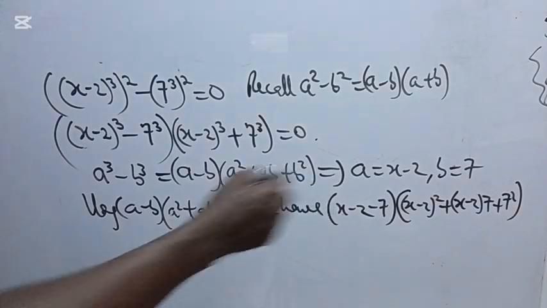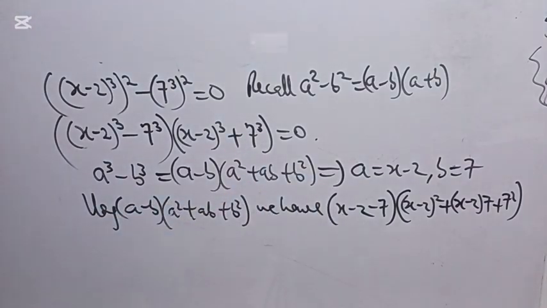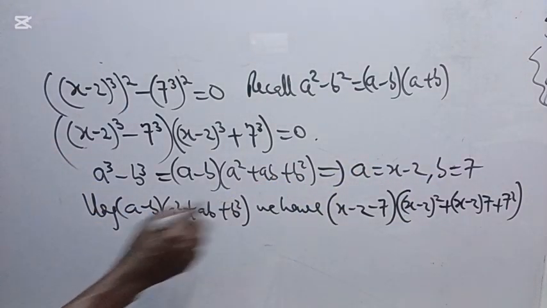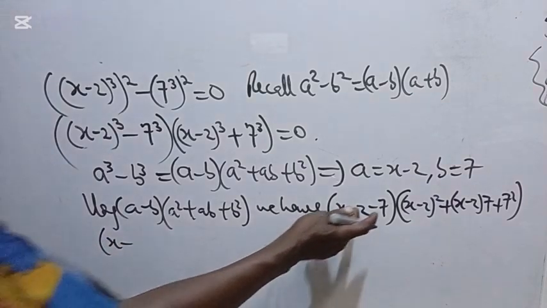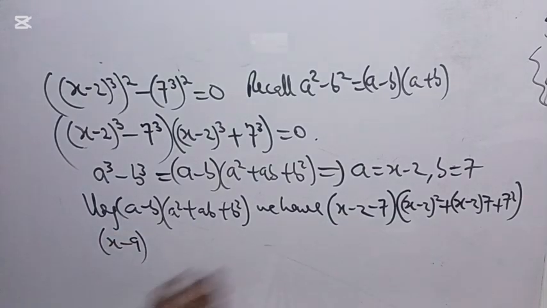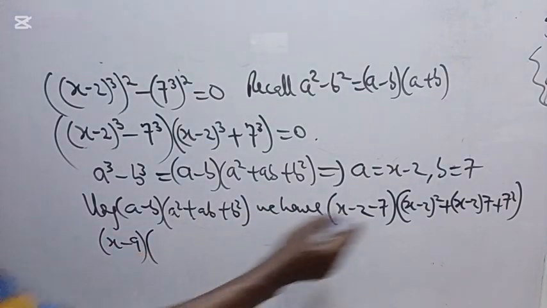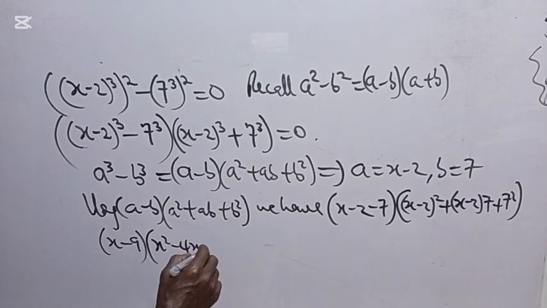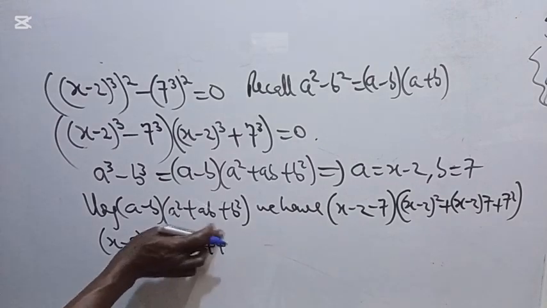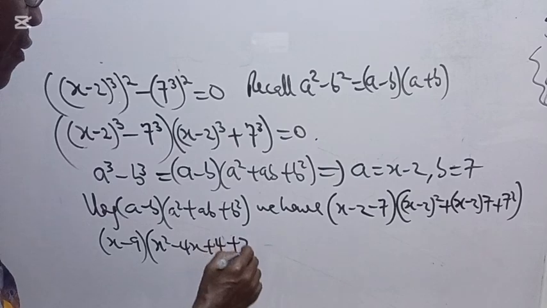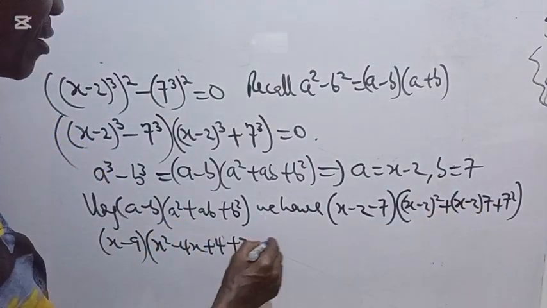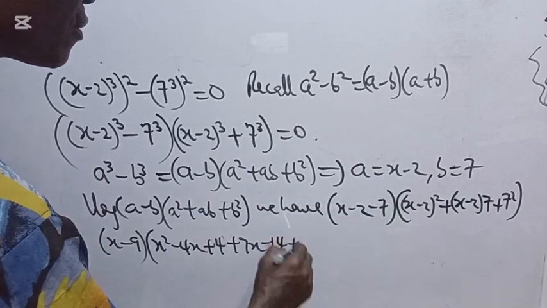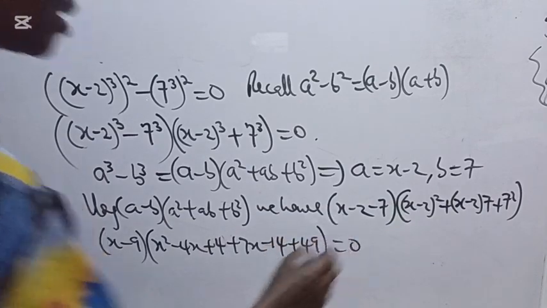That first pairing is equal to 0. So we have x minus 2 minus 7, that's minus 9, into brackets (x minus 2) squared, which will be x squared minus 4x plus 4. Let's complete that. Then plus 7x, 7 times x, minus 14, plus 49 is equal to 0.